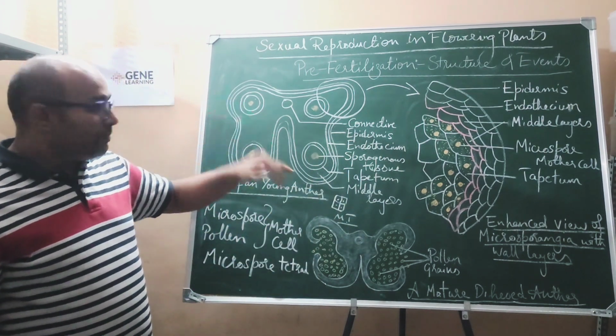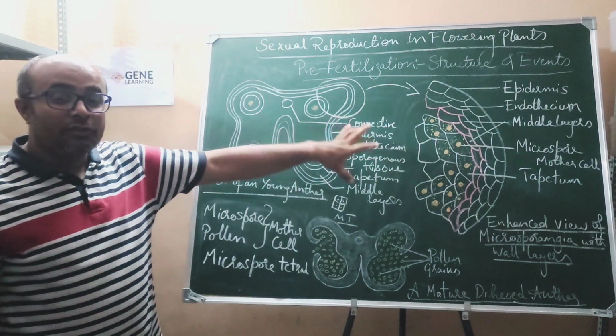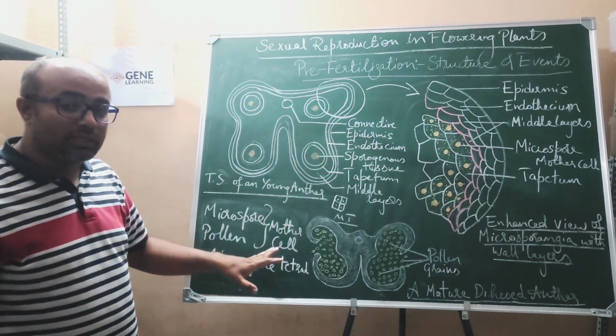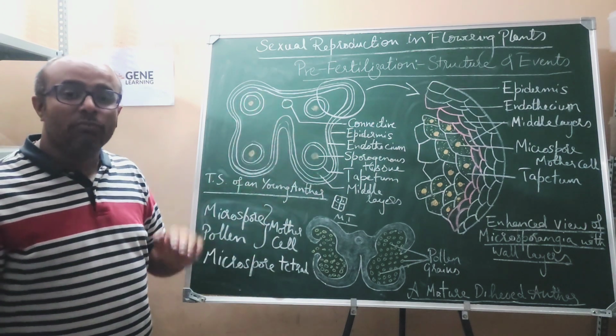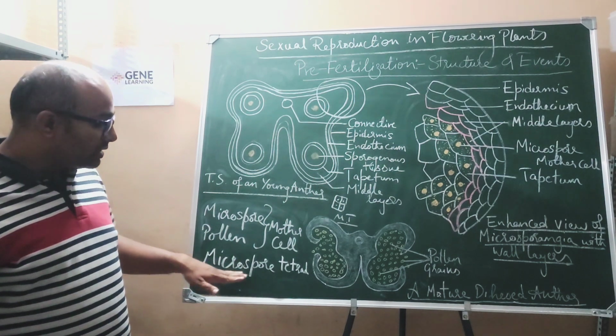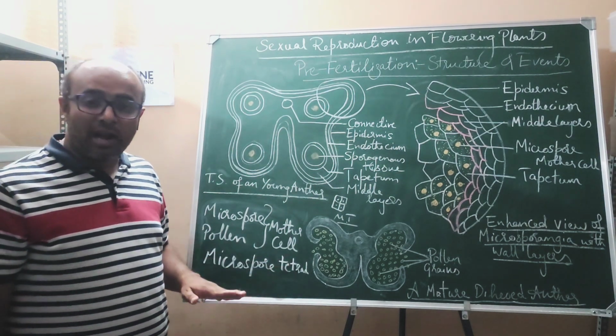So from a single cell of the sporogenous tissue, which is called the microspore mother cell or pollen mother cell, which undergoes meiotic division, we form what is known as the microspore tetrad.